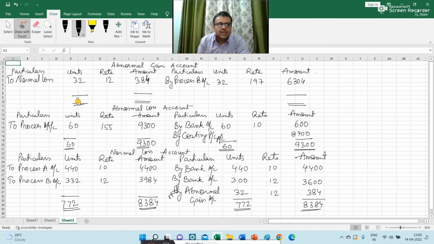So 32 units, here also 32 units, 6,304, 6,304. Here I am transferring the balancing figure in the abnormal gain account to costing profit and loss account. So this is 5,920.